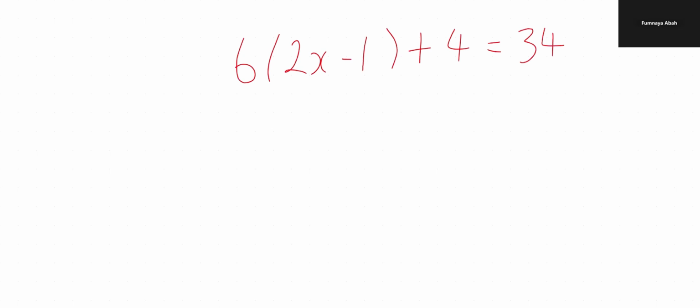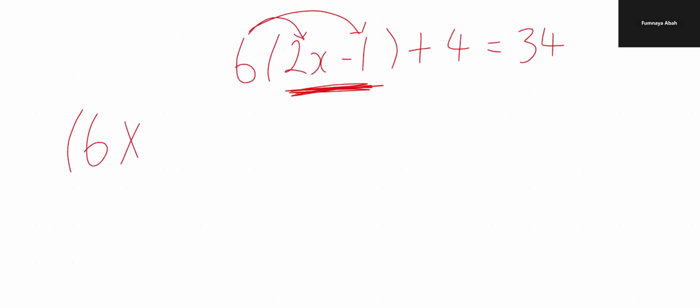Okay, so again, we want to solve for the value of x. We have this term in parentheses. So we know that we have to multiply 6 by these two terms accordingly. So 6, because it's the term outside the parentheses, will multiply the first term, which is 2x. So we have 6 times 2x in parentheses. Then we have a minus sign, so we write that down, minus.